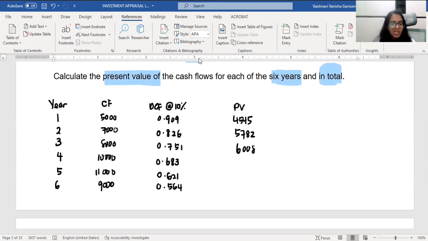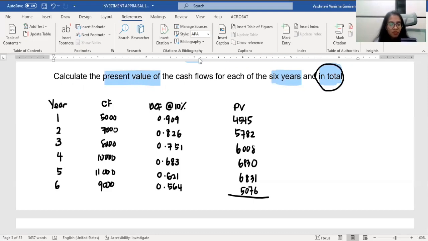The next year, 10,000 multiply 0.683, 6,830. 11,000 multiply 0.621, 6,831. 9,000 multiply 0.564, 5,076. When you total up everything, that will give you his second requirement, the total present value for all 6 years.